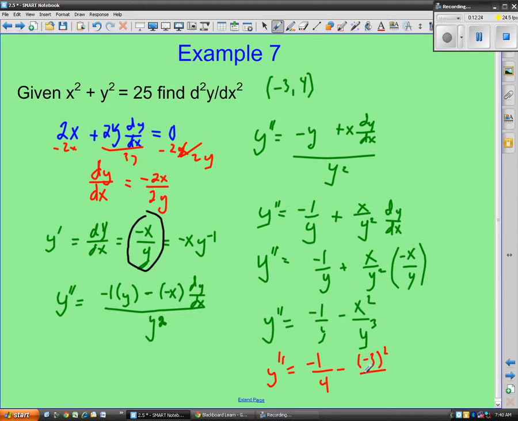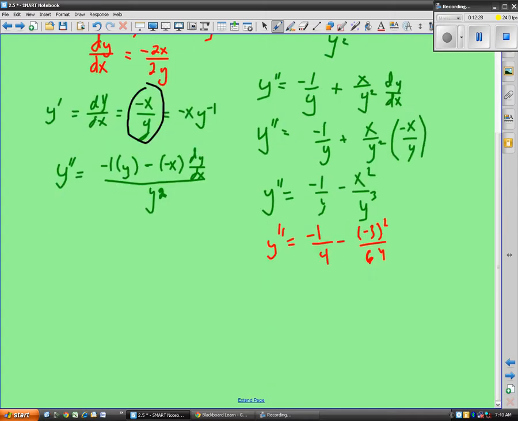And so with a little bit of work here, y double prime will come out to be -16 minus 9 all over 64. And so I should end up with -25 over 64 for the slope at that given point. And that's really what we're looking for when we're doing these problems.